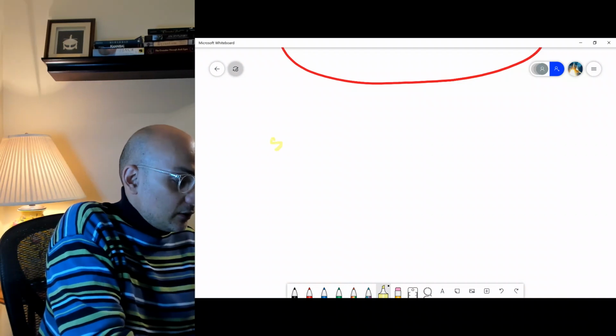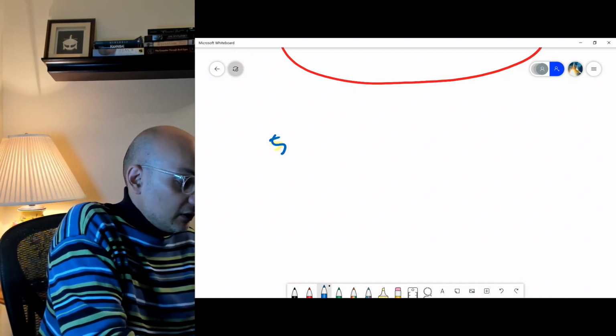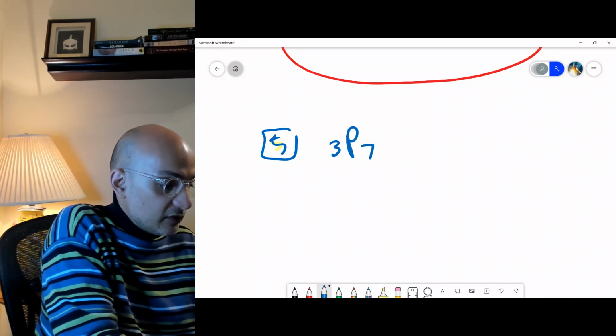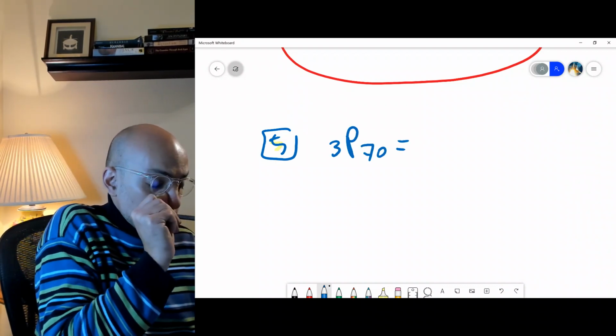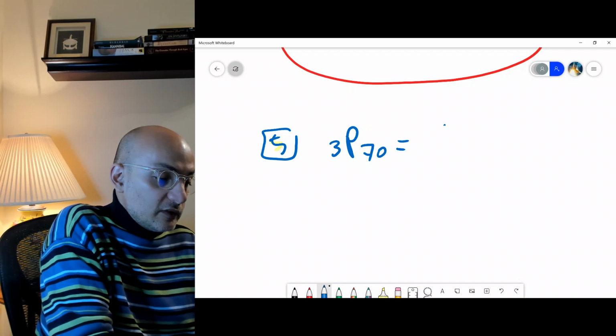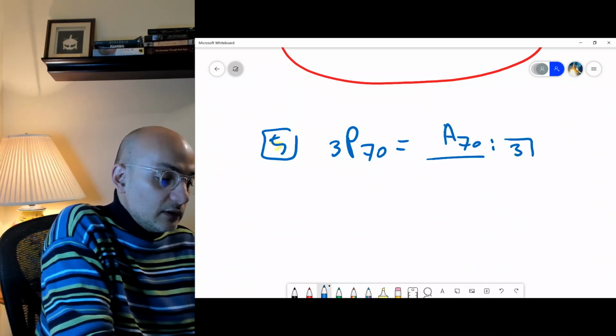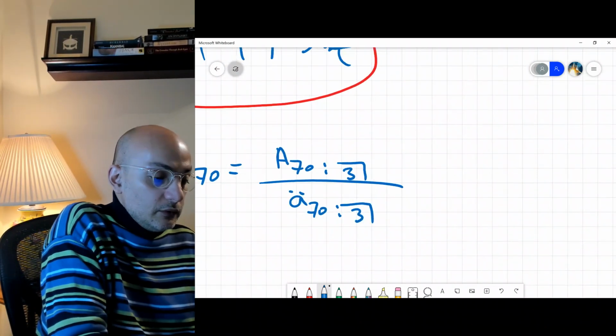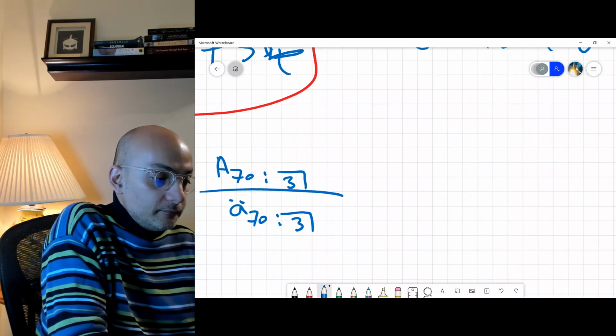You might get one like this now, question 5. You are asked 3P70, let's say. We use the same logic. It's A70 for 3 years divided by A73. We go to the life table here.